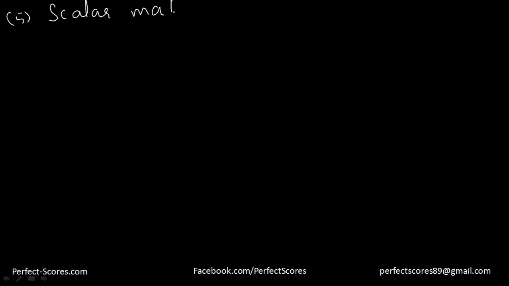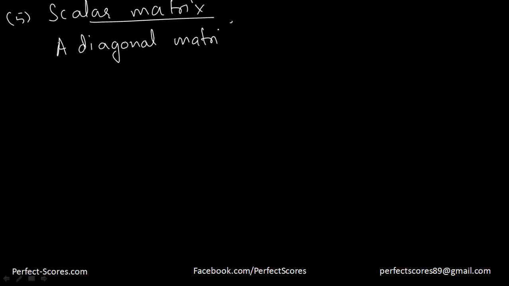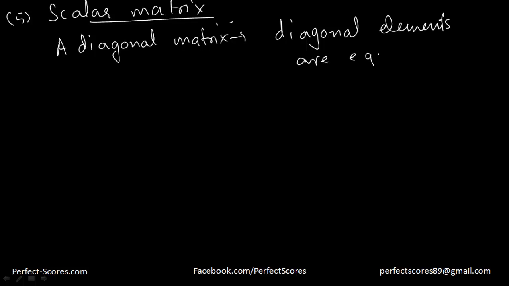Now what is a scalar matrix? It's actually a subcategory of a diagonal matrix. If there is a diagonal matrix whose diagonal elements are all equal, that is known as a scalar matrix.